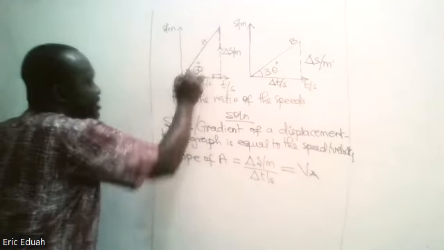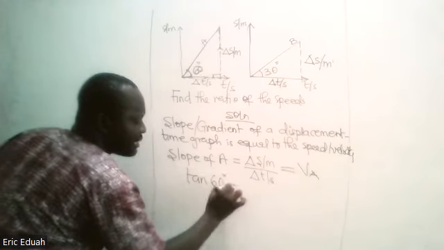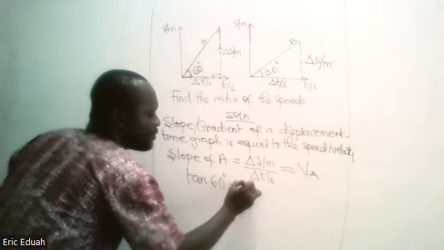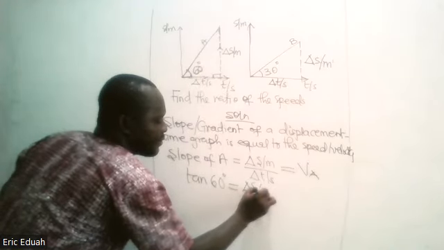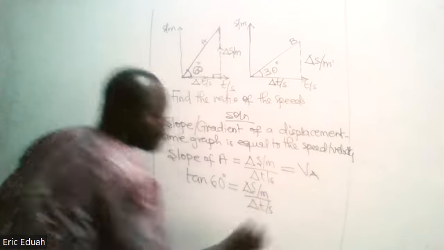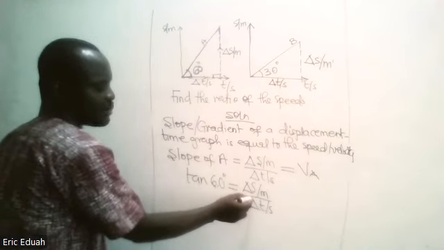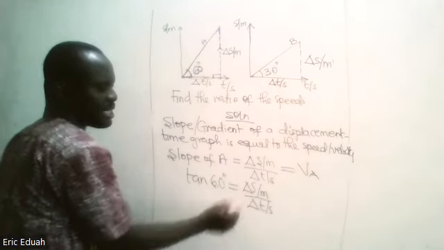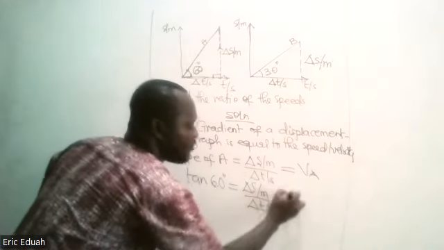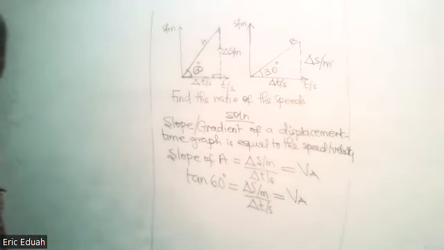So when we take the tangent of this angle, tan 60 degrees, and tangent is equal to opposite over adjacent, we have change in S over the change in T. So if tan 60 is equal to change in displacement over change in time, then this tan ratio must be equal to the velocity of A. Florence, are you okay?